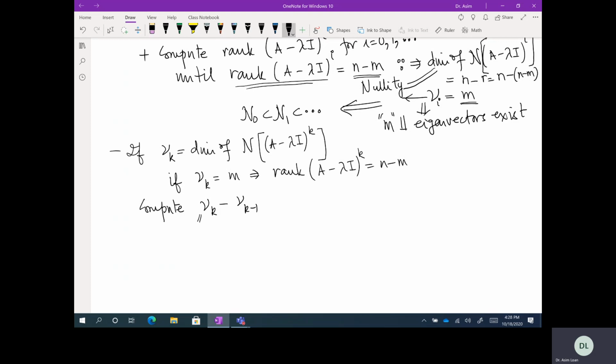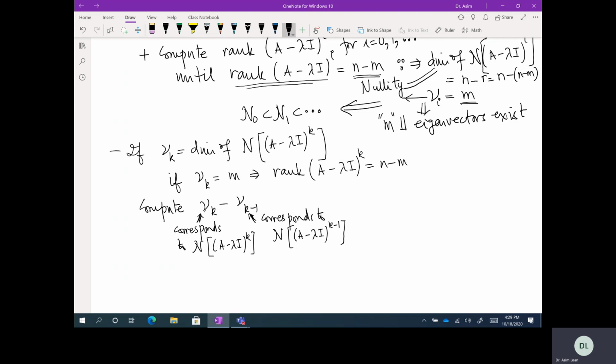So this corresponds to the null space of (A minus lambda I)^k, and this corresponds to the null space of (A minus lambda I)^(k minus 1).